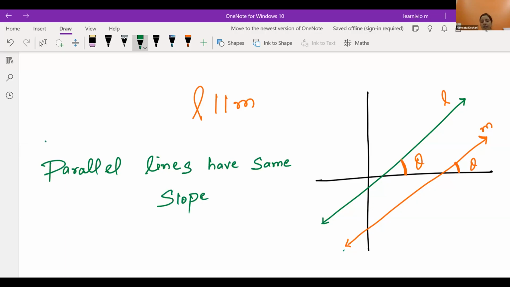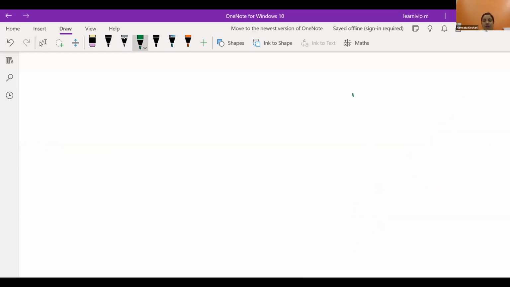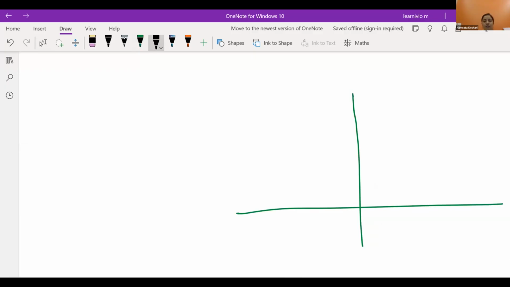Rule number 1. Next rule, what about perpendicular lines? So if we are having a coordinate axis like this, and if we are having two lines, one of the lines is like this, whatever angle it is making, maybe alpha, and another line is just coming like this.